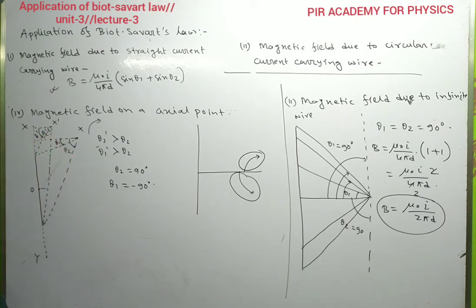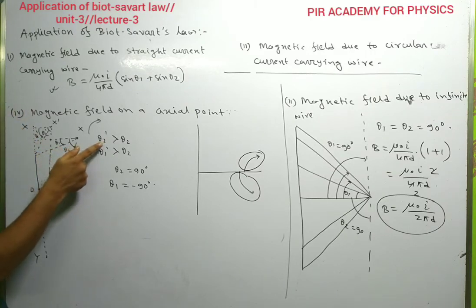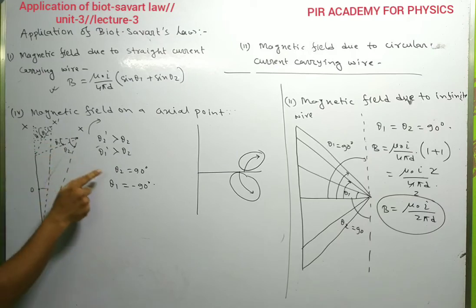So when this point goes to the axis of this wire, both angles will increase and the maximum is 90 degrees.